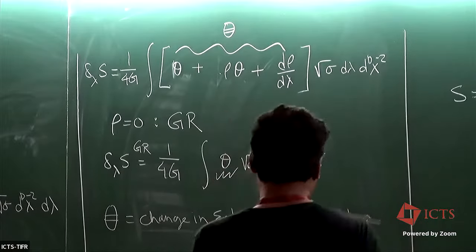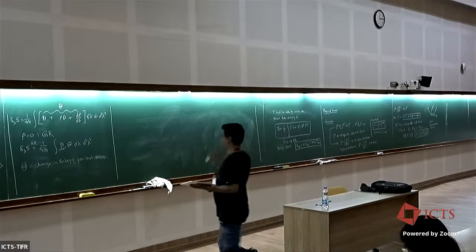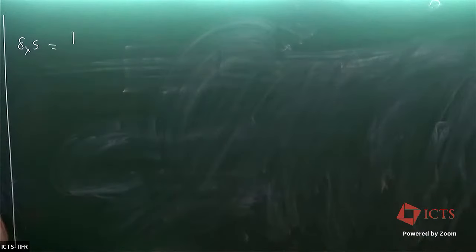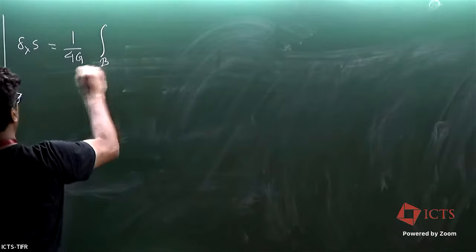With this, let's go ahead further. What should we do now? We'll do a trick. We'll do integration by parts of this formula. We'll take lambda as one of the variables, and this guy is one of the variables. So delta S will be given by, and remember this one has to be done very carefully, this is integration on the three-dimensional portion of the horizon. 1 by 4G, if I do integration by parts, then again it's integration on the cross section.